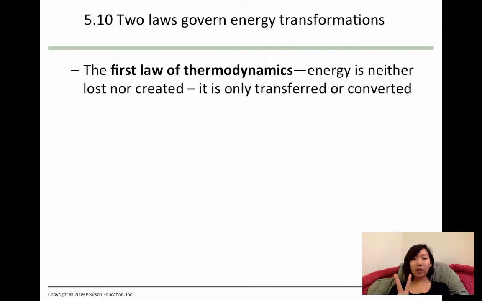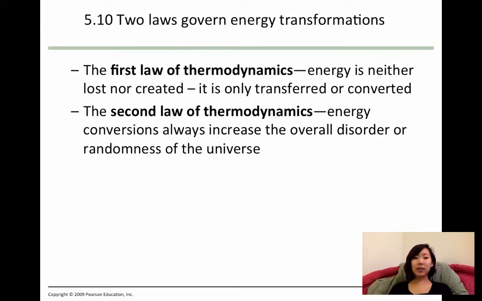So there are two major laws of thermodynamics that we will be focusing on in this class. The first law is that energy cannot be created or destroyed. It will just change its form, but you can't artificially create energy and you can't destroy energy. At the same time, the second law of thermodynamics means that whenever there is an energy transfer, it overall increases the disorder or randomness in the universe.